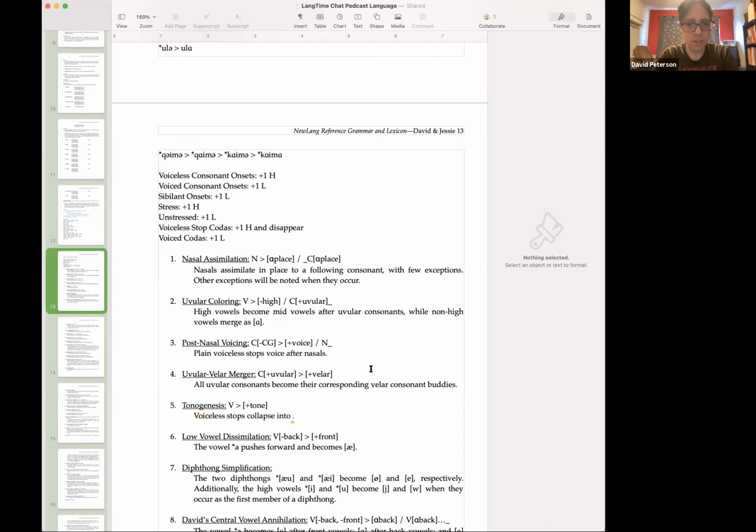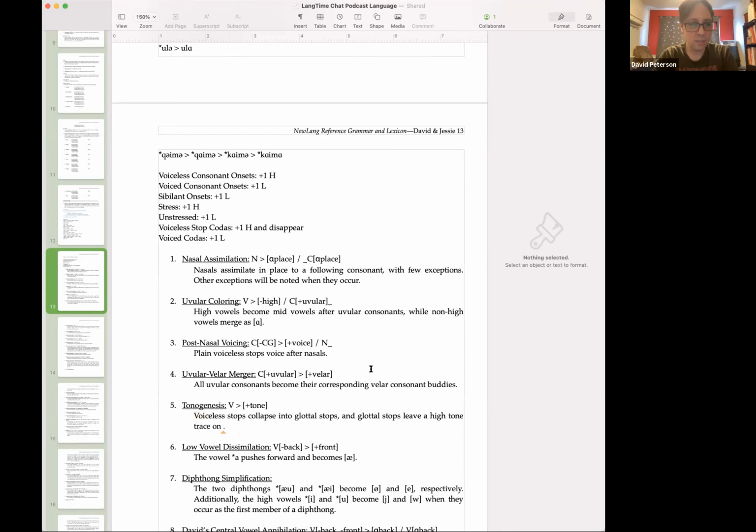Voiceless stops collapse into glottal stops, and glottal stops leave a high tone trace on the previous vowel. Okay. Can you change that actually though to voiceless stop codas? Yes, voiceless stop codas.